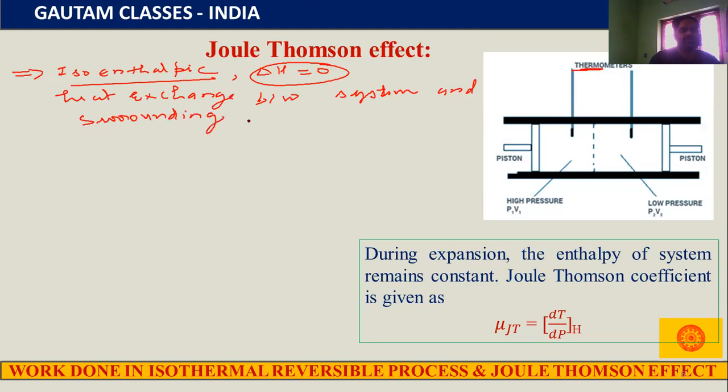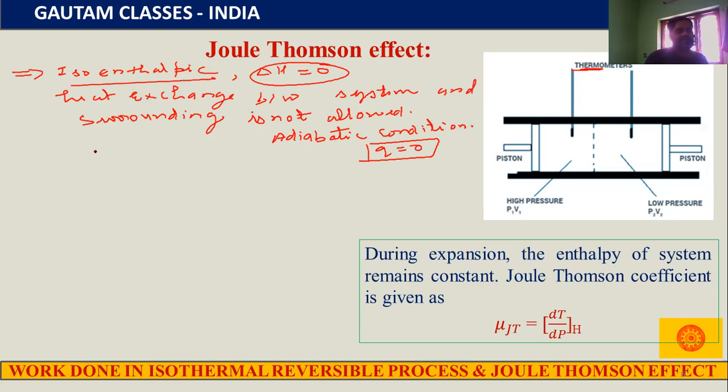That means we can say that it is the adiabatic condition. In adiabatic condition, what do we have to write? We have to write heat exchange is equal to zero. So in that place, what is happening?